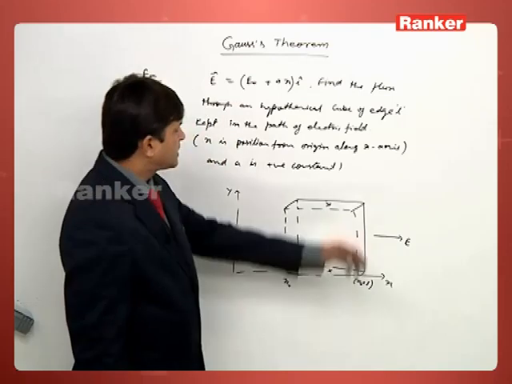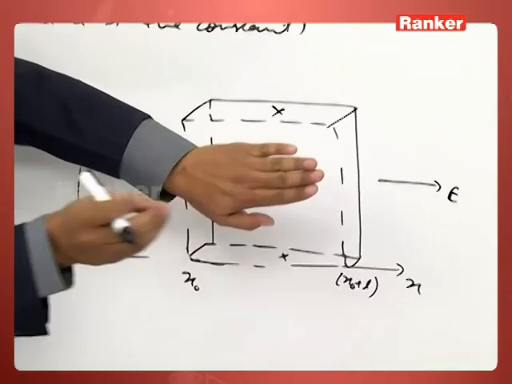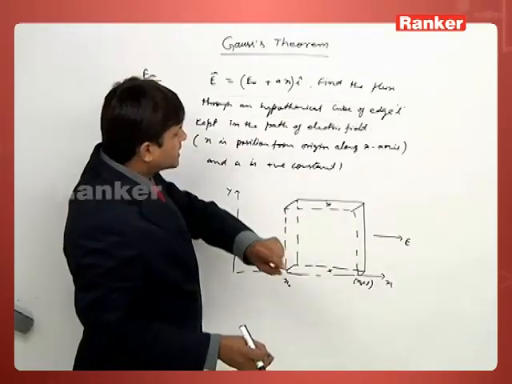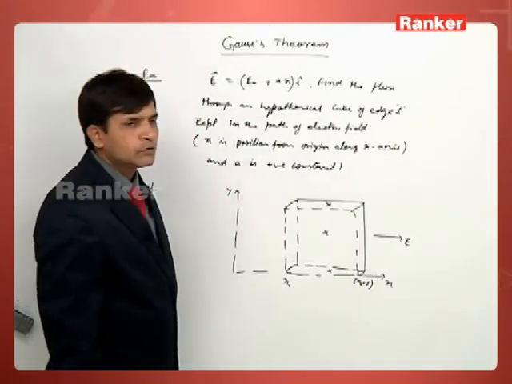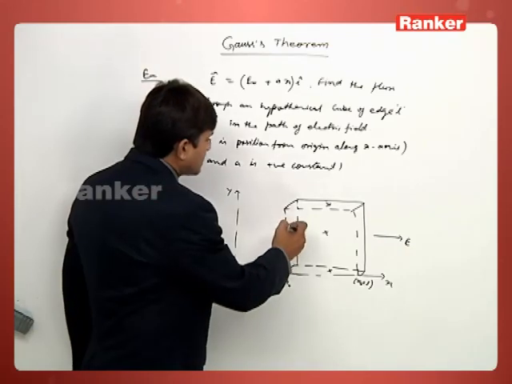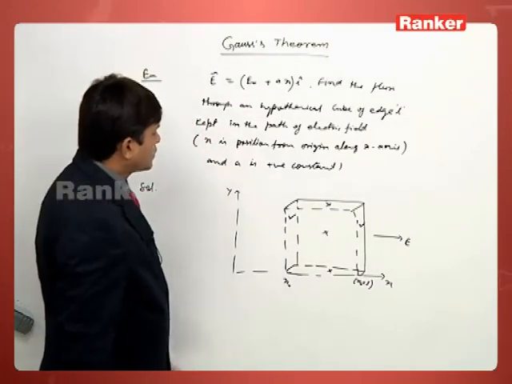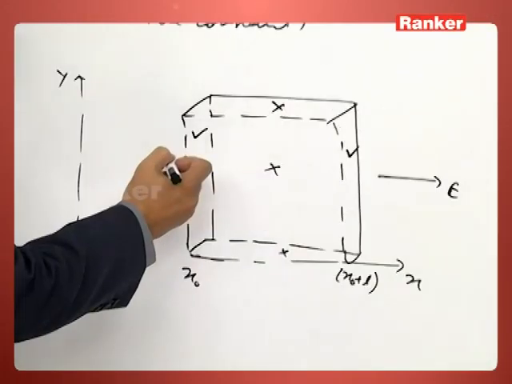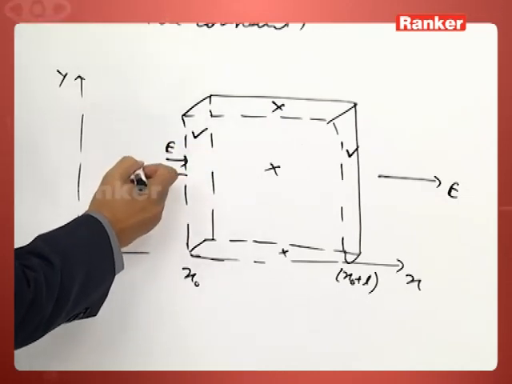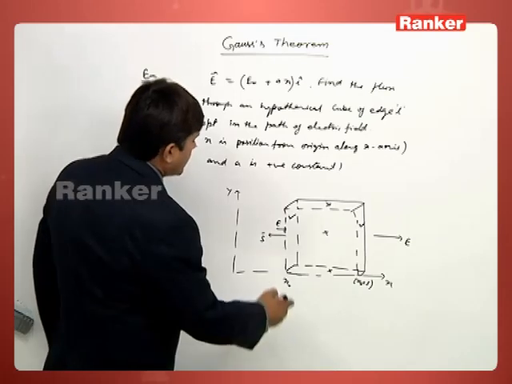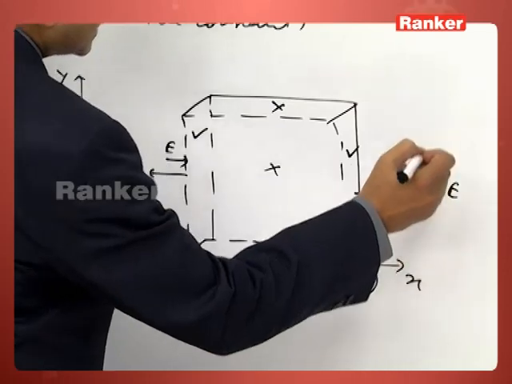Apart from these two, two other surfaces, one is this and another is the backside of this, also have area vectors making an angle of 90 degrees with the electric field, so through these surfaces also there is no flux. Whatever flux there is will be from this and this surface. Here the electric field is in this direction and the area vector is in the opposite direction, and at this other point the electric field is in this direction and the area vector is also in this direction.